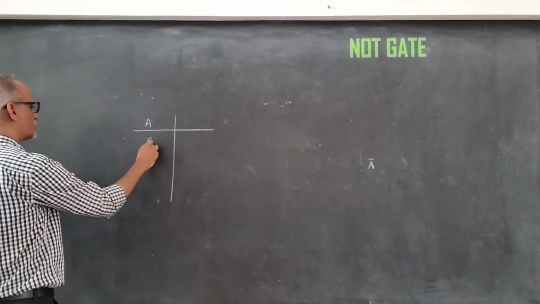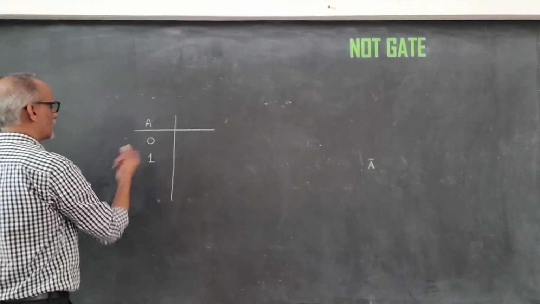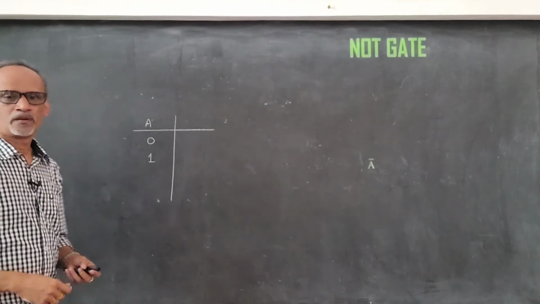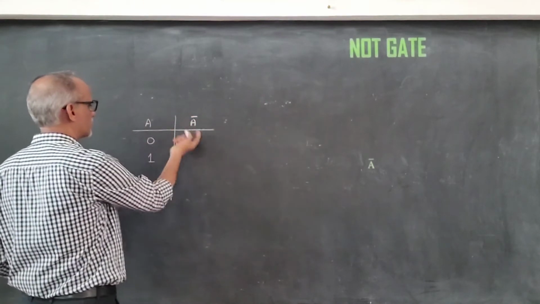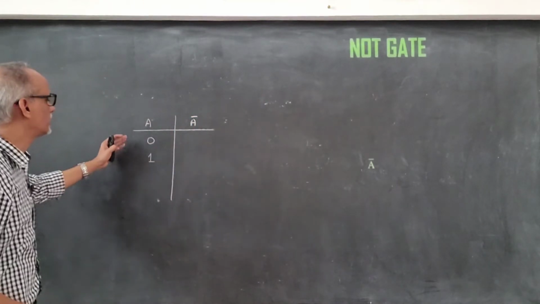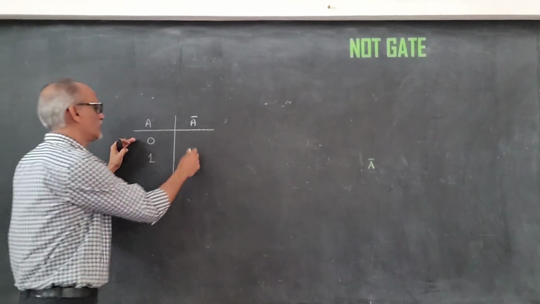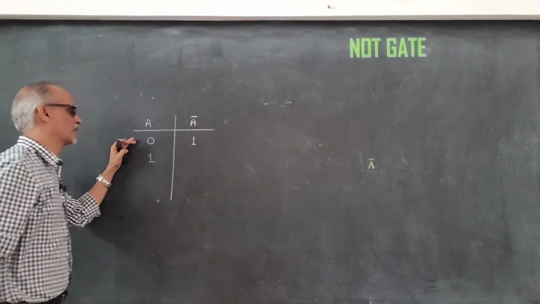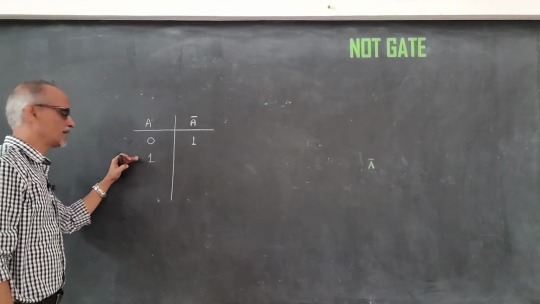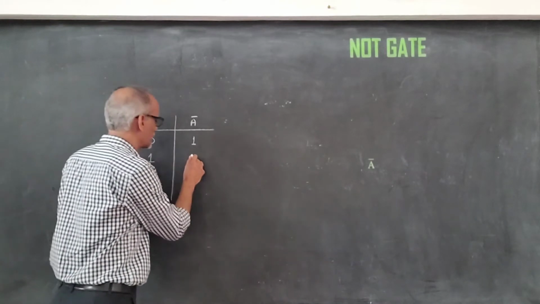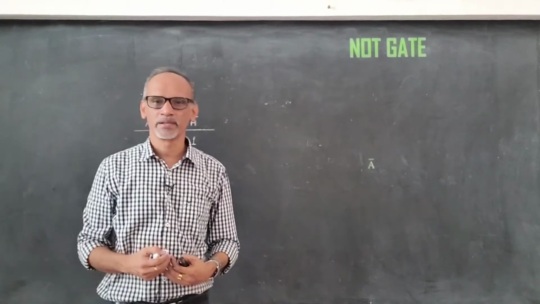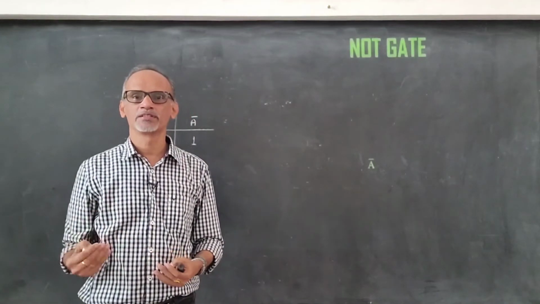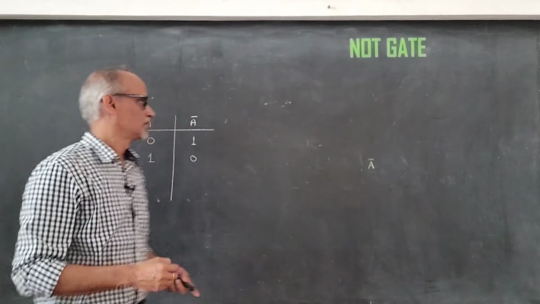That means the possibilities are 0 and 1. And the output is the complement of the input, exactly opposite. That means whenever the voltage is low, the output is high, and whenever the voltage at the input is high, it's exactly low. So this is also called an inversion gate. It performs a logical inversion.